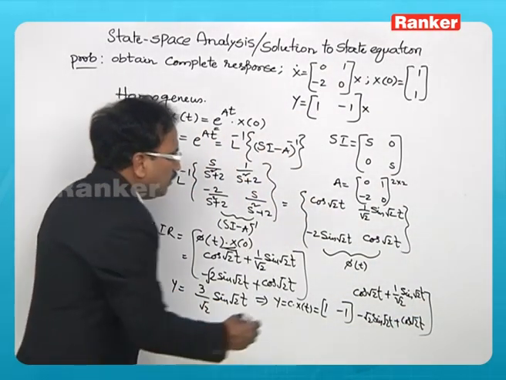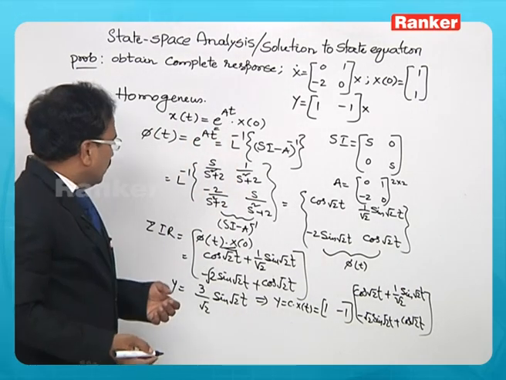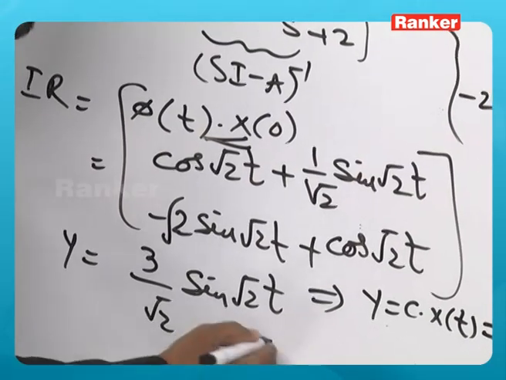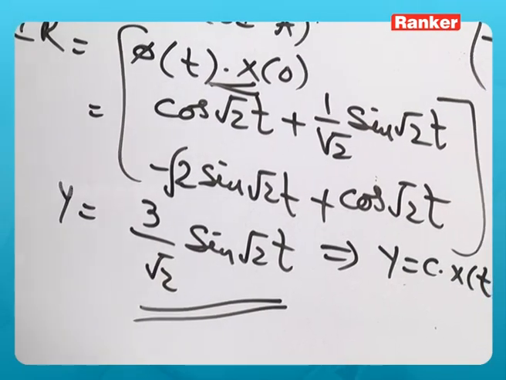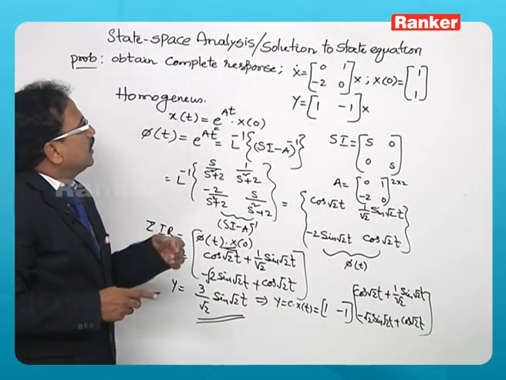So, multiplying C with x of t, which is nothing but the zero initial response, leads to this equation, 3 by root 2 sine root 2 into t.